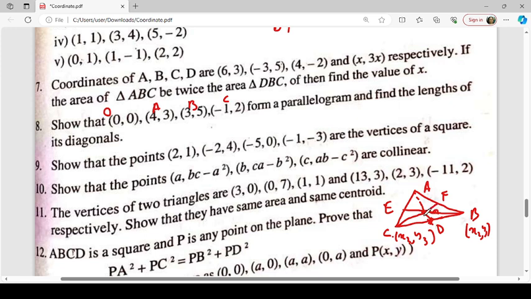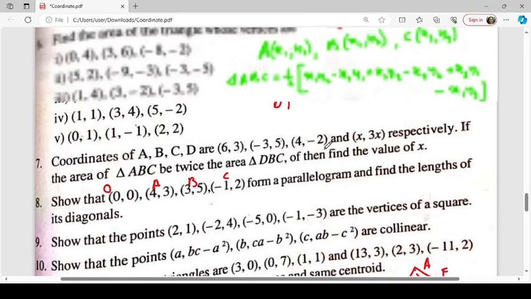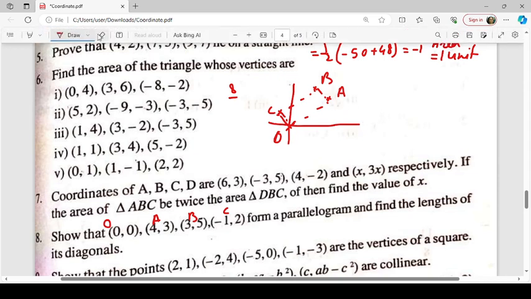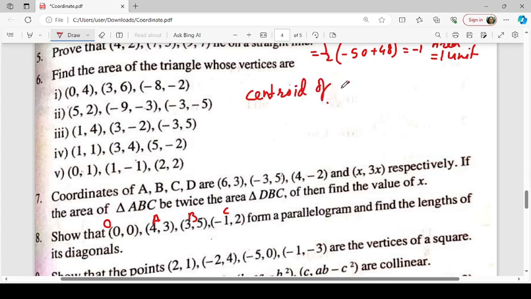So the coordinate of Z, the centroid, is given by the formula. The centroid of triangle ABC is (x1 plus x2 plus x3) by 3, (y1 plus y2 plus y3) by 3.